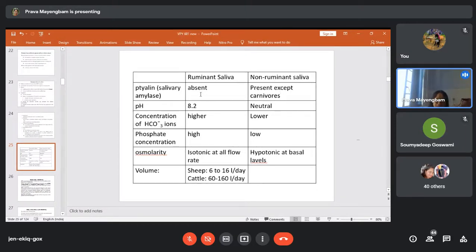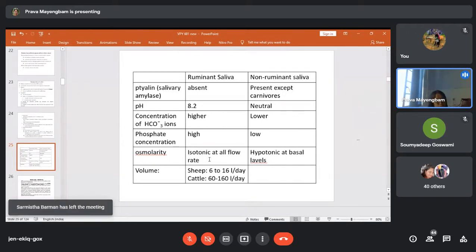The pH in ruminant saliva is high, say 8.2, and it is around neutral in non-ruminant saliva. The concentration of bicarbonate ions is very, very high in ruminant saliva, while it is much lower in non-ruminant saliva. Phosphate concentration is the same, very high in ruminants and low in non-ruminant saliva.